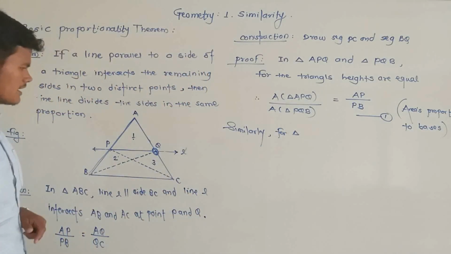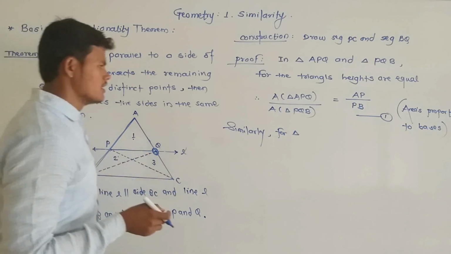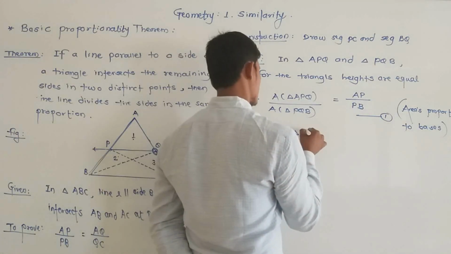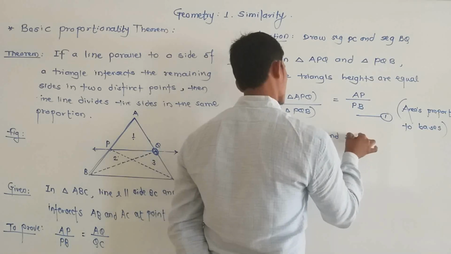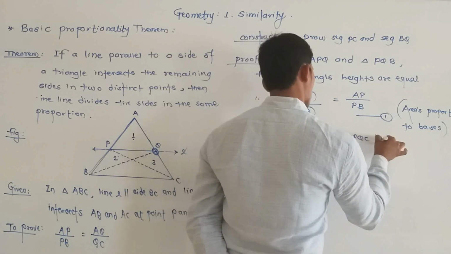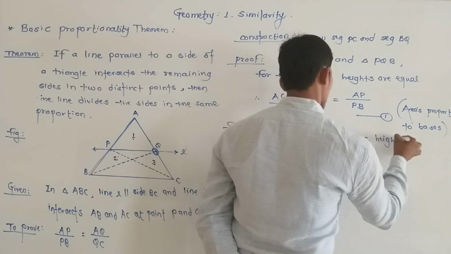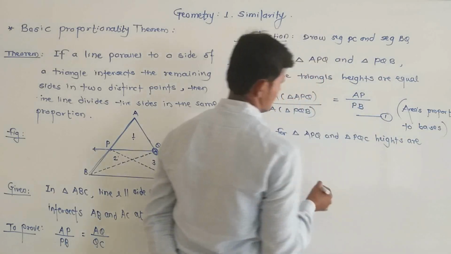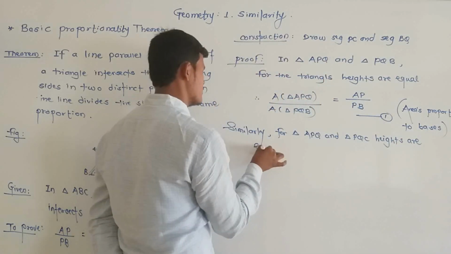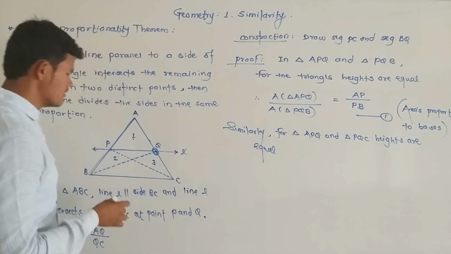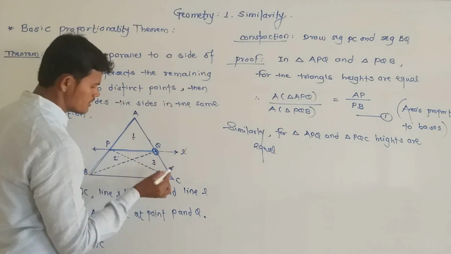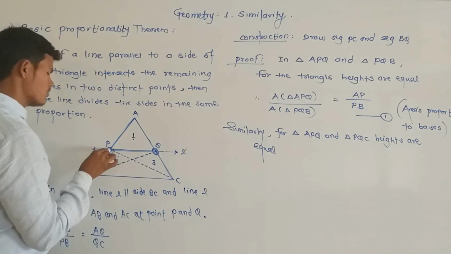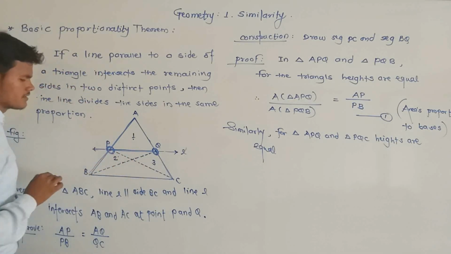Similarly, now consider another pair, that is first and third. For triangle APQ and triangle PQC, heights are equal. Why are their heights equal?